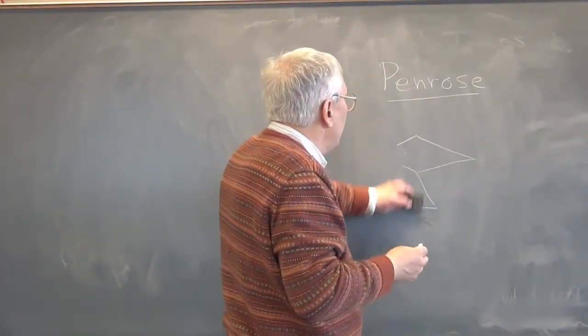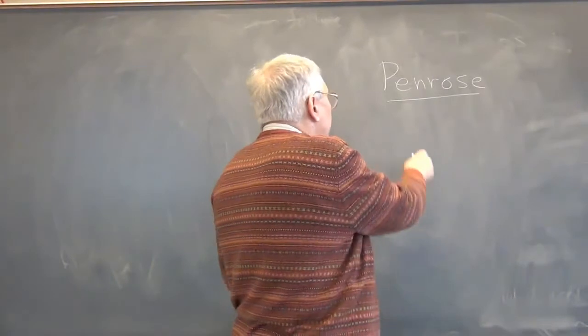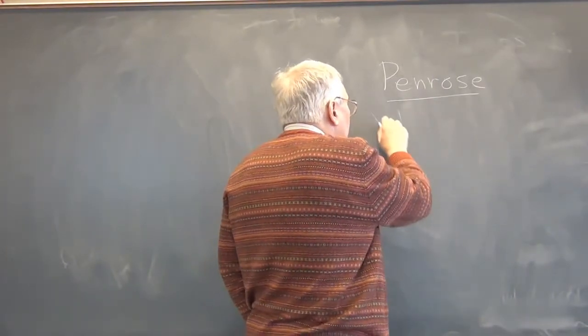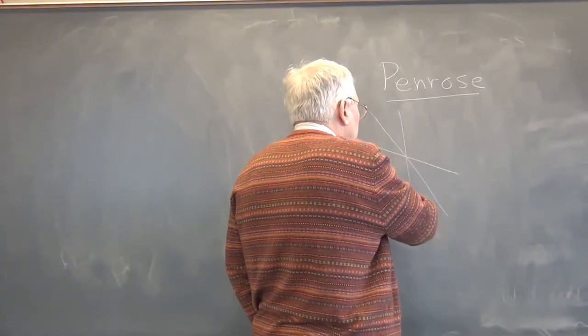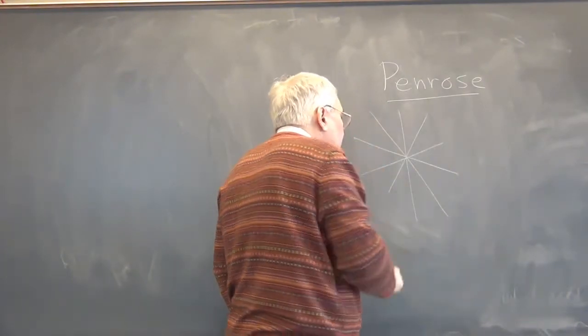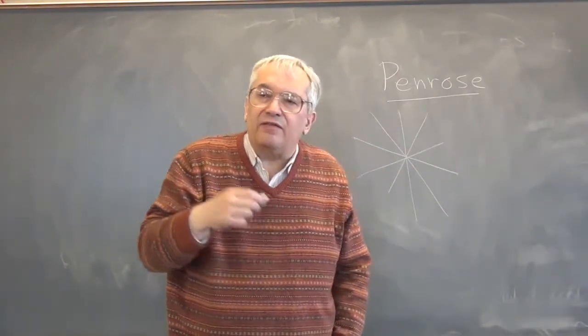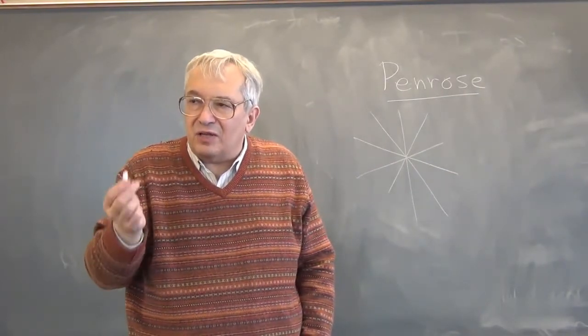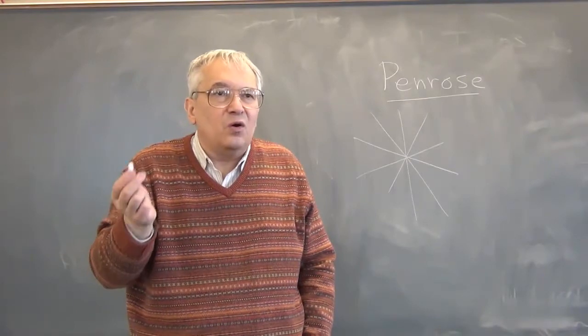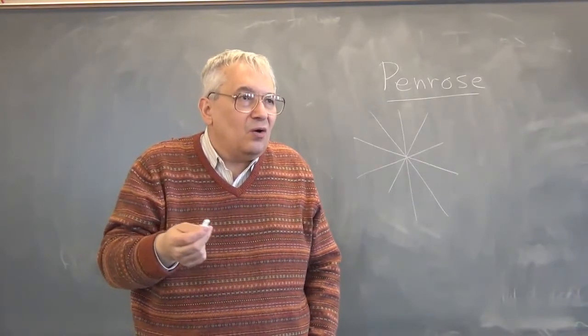And the Penrose lattice has the interesting feature that if you look at all of the boundaries between the sides, they lie on a very small number of lines, and the Penrose lattice has 5-fold orientational order.